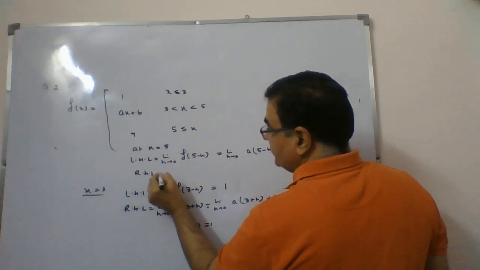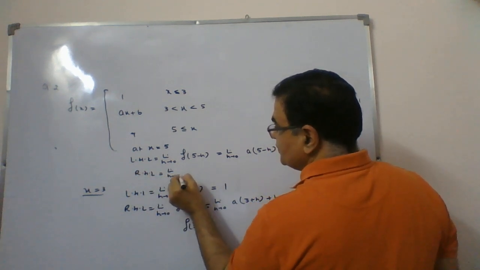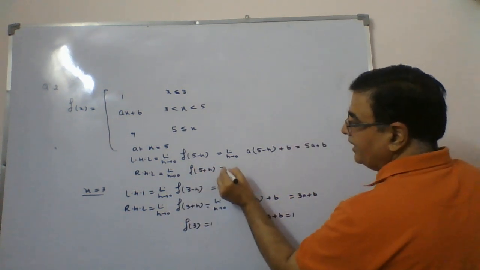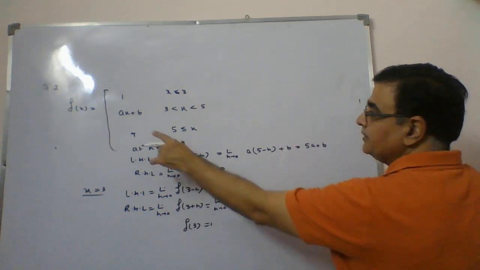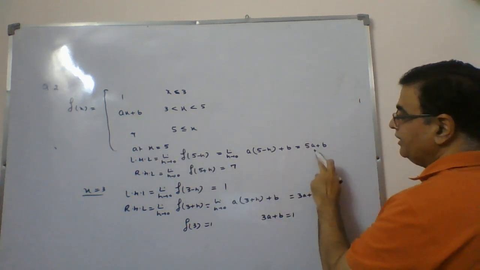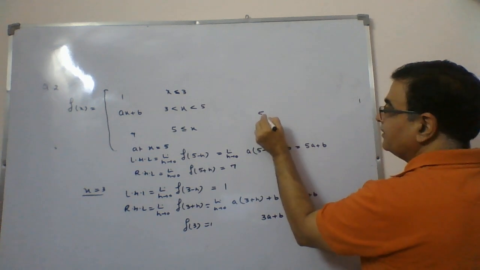Then we go for the right hand limit. It will be limit h approaches 0, f of 5 plus h. 5 plus h means more than 5, so it is 7. And clearly 5a plus b is coming 7.